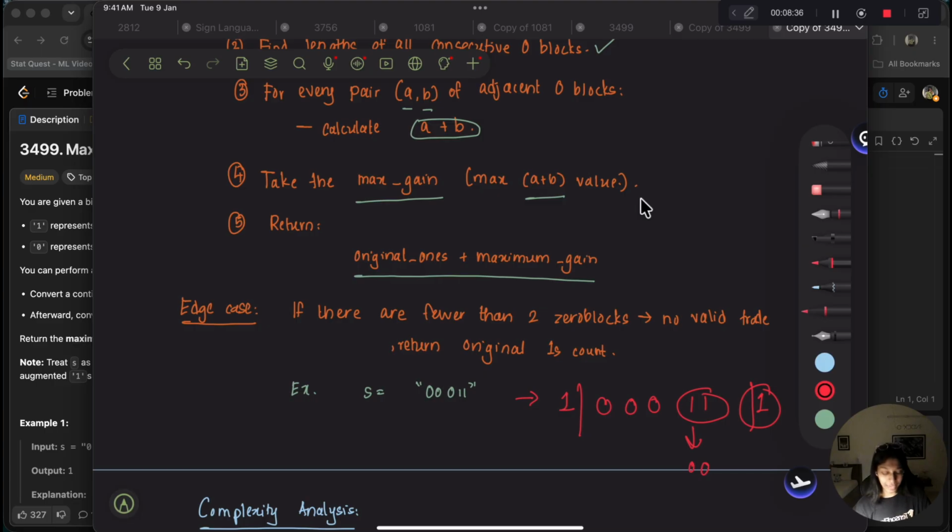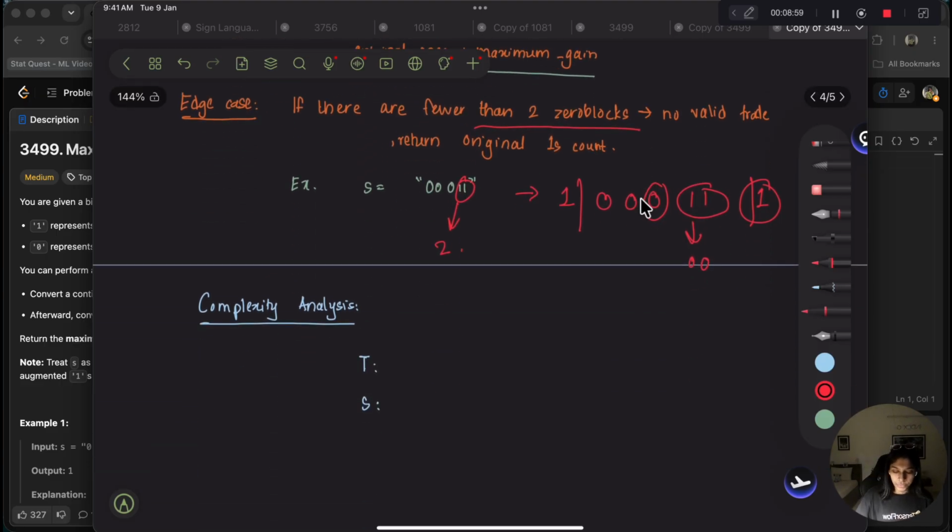But look at what they're surrounded by: a 1 and a 0. So if there is ever a case where there are fewer than 2 zero blocks, then we have no valid trade. There's nothing that can be done, and we're just going to return the number of active blocks we initially had. So we're just going to return 2 in this case.